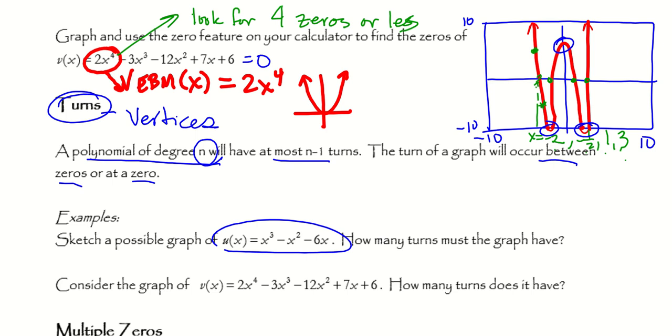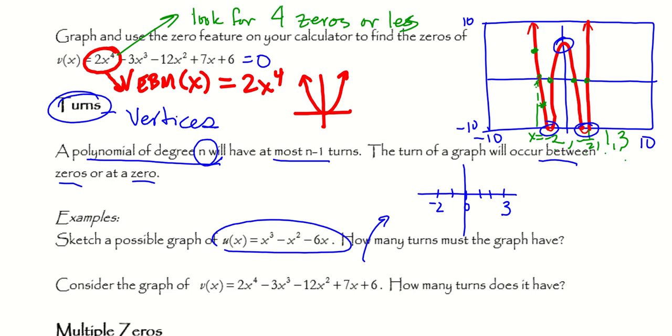We knew from factoring that it had zeros at -2, at 0, and again at 3. Okay.